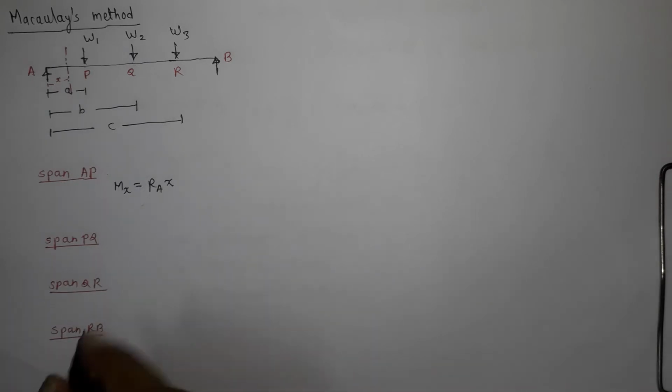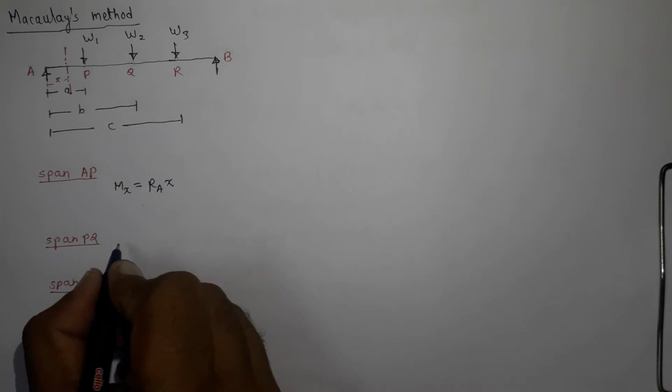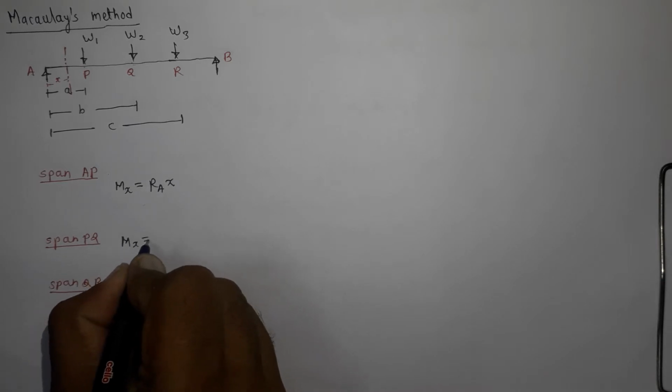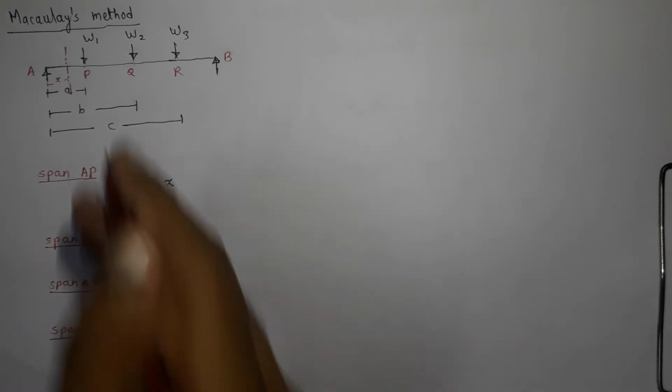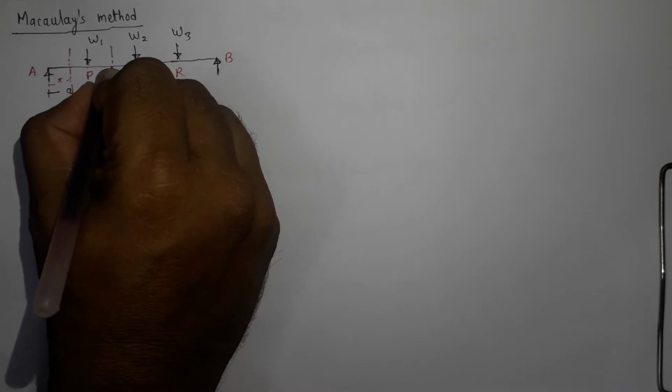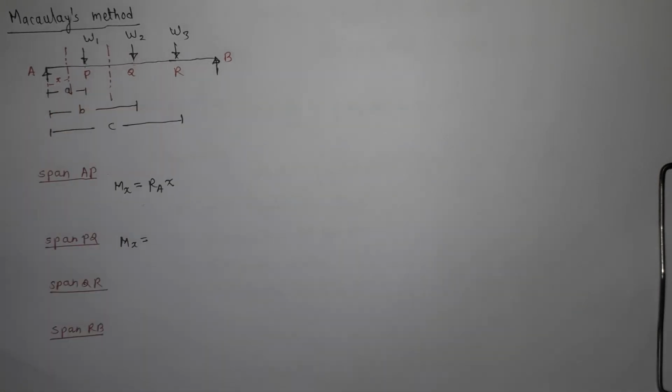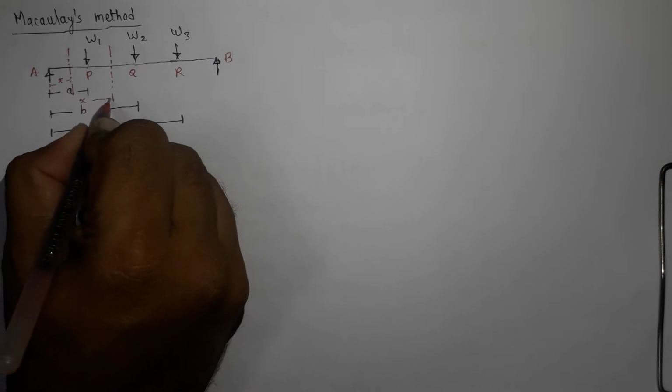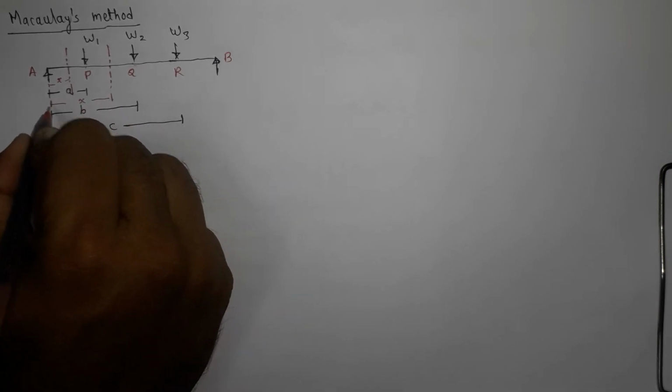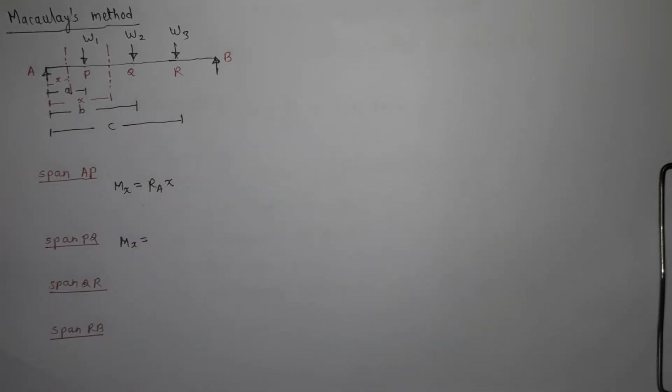Now if I go with the second subspan PQ, then the bending moment expression Mx is equal to, in this case I will have to take a section over here, and now the distance of this section from the reference point, that is the point A, is going to be x.